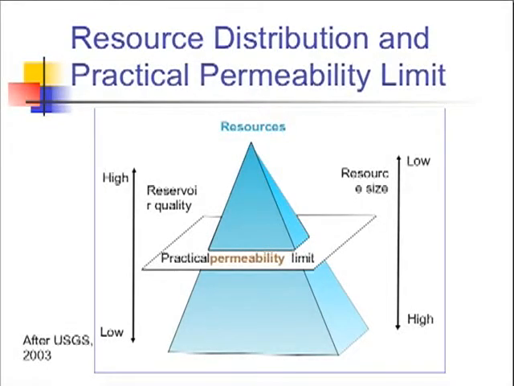The size of the resource we find in many studies of occurrence of natural resources in nature shows us that we have relatively lower amounts of the highest quality resource, that near the top of the pyramid, and much larger amounts of the lower quality resource near the base of the pyramid.